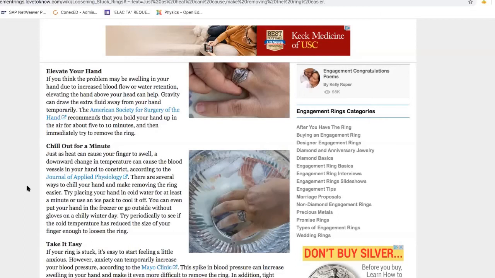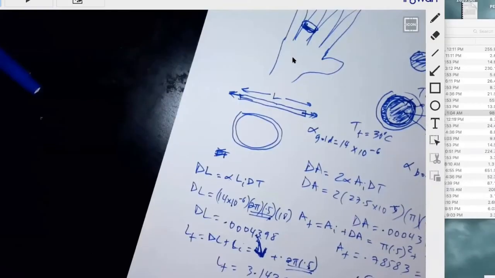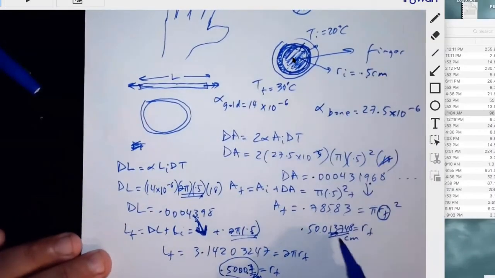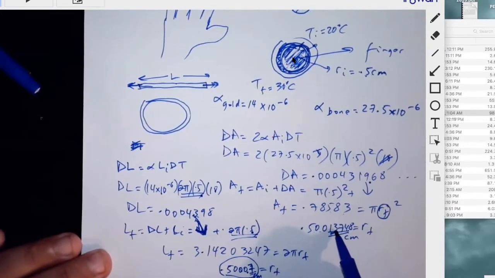Yeah. So here's the idea. From our simplistic view, if we had cooled it, what would have happened? Since it expanded more, the finger would have contracted more, right? And then the ring would have contracted less.